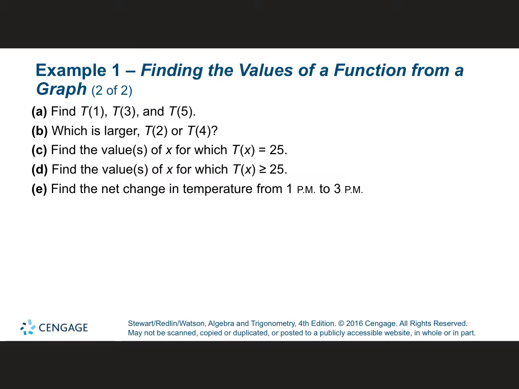The first example that we're going to look at, though, is finding the values of a function from a graph. So if you look at the graph that's on the first page, the one before this, for A, it tells you to find t of 1, t of 3, and t of 5. So remember, t of anything or f of anything is your y value. So it tells you to find y when x is 1, find y when x is 3, find y when x is 5.